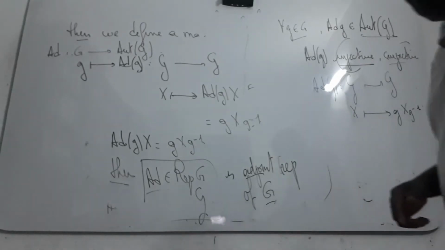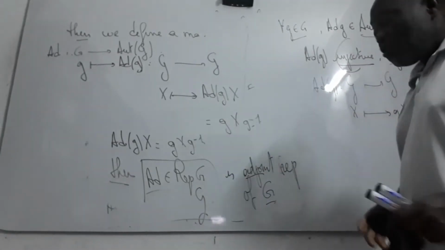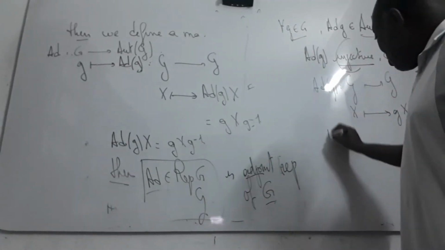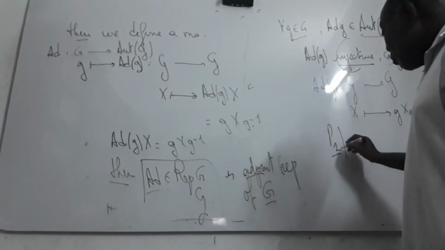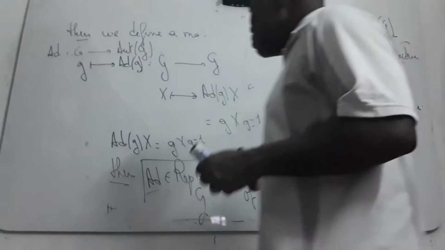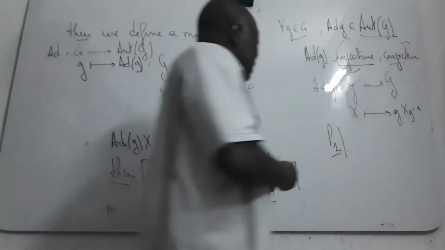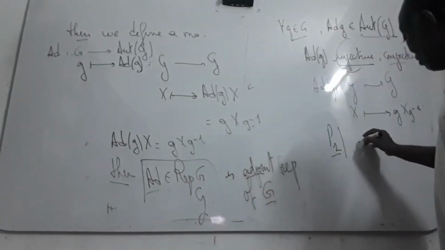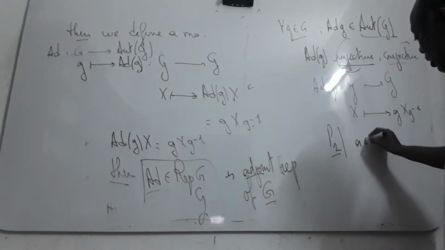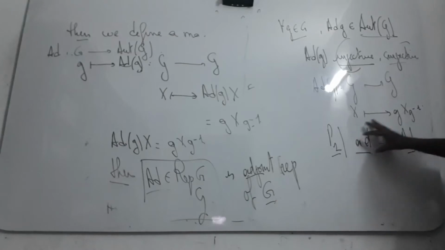Okay. Now something you can use here. You can prove property 1. What is the correspondence between the adjoint of the group and this one, which is of the Lie algebra? One is a representation of the Lie algebra, the other a representation of the group.